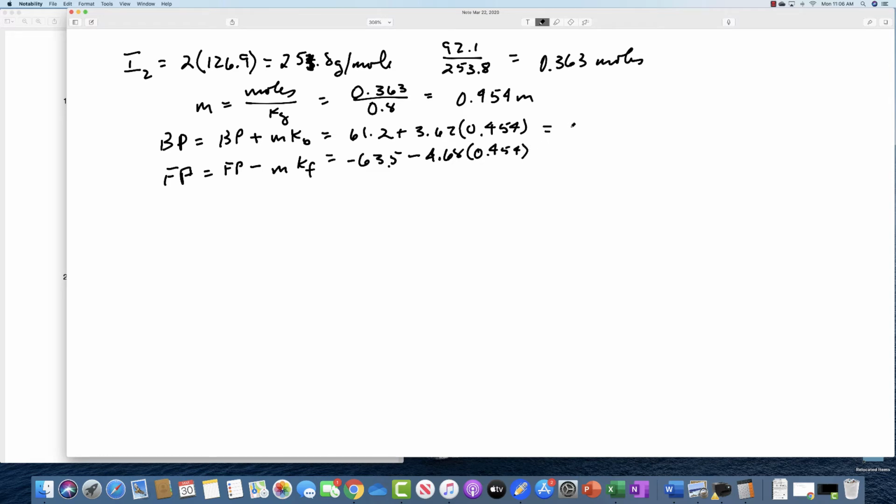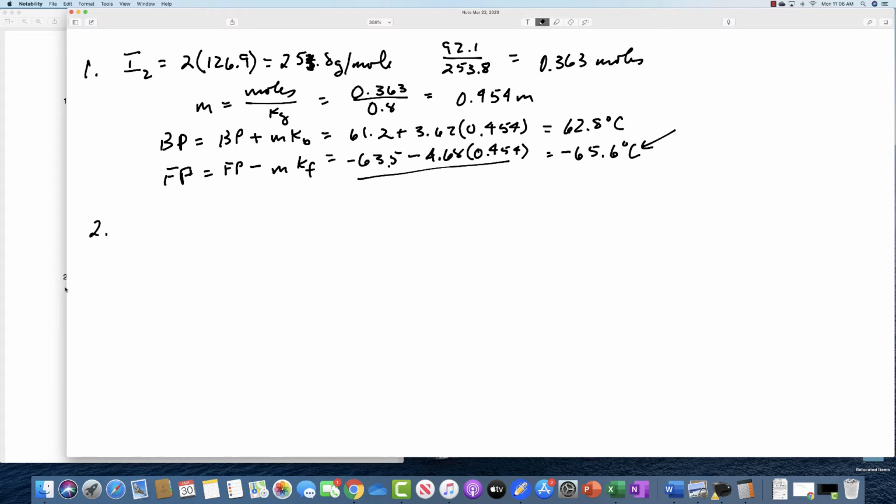And so this is going to equal 62.8 degrees centigrade, and this is going to equal minus 65.6 degrees centigrade. Now, a common mistake here that people made was they added this instead of subtracting it. You subtract it in this situation. So that's number 1.